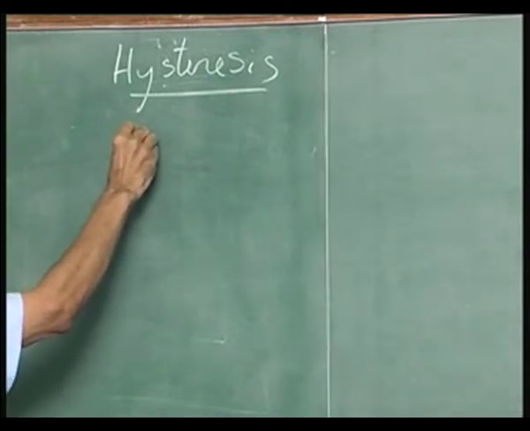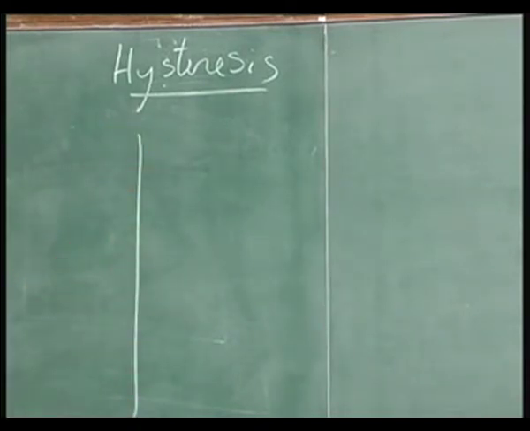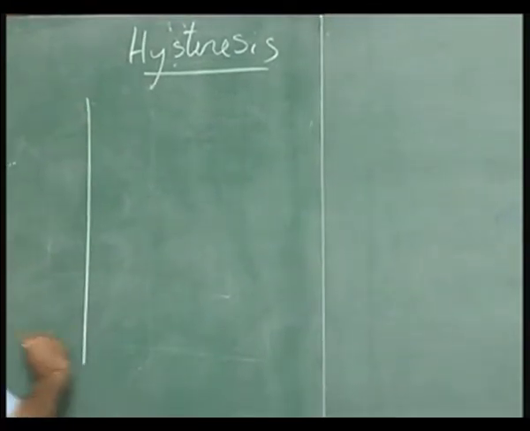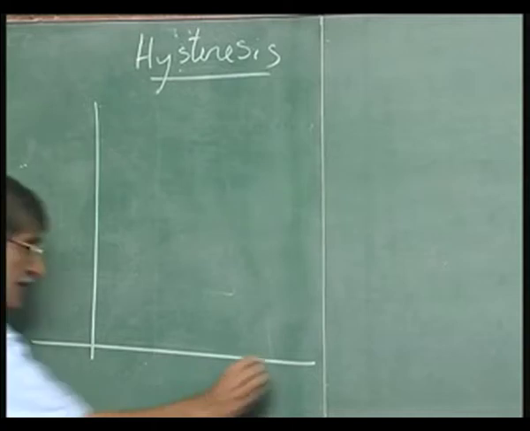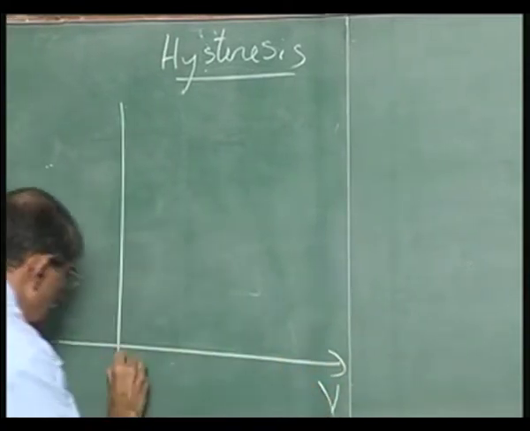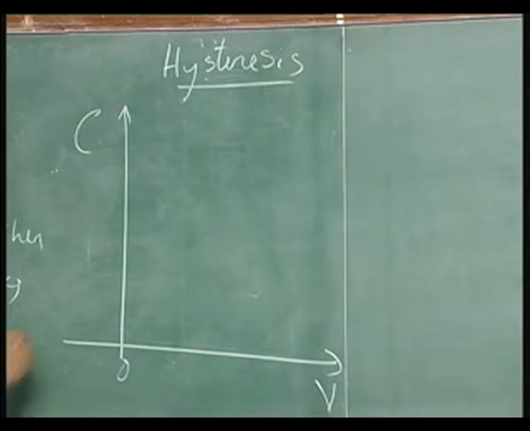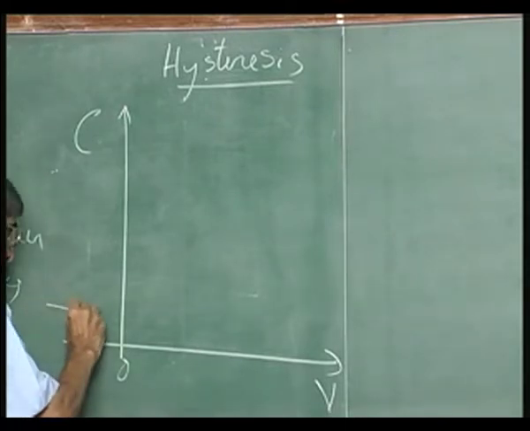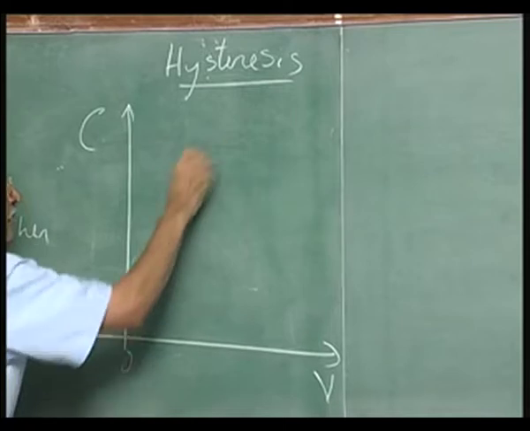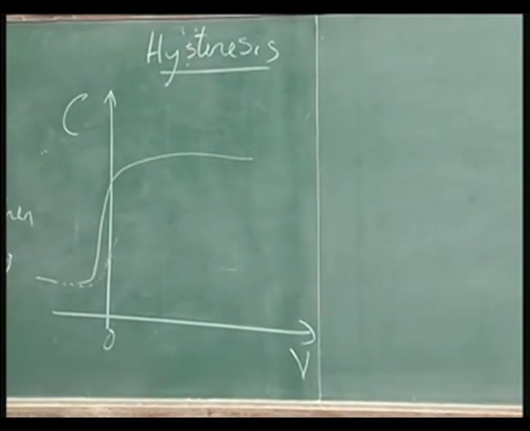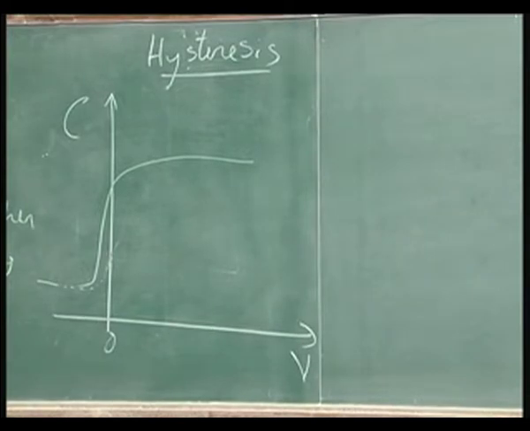I will show one frequency, capacitance versus voltage. You expect the curve to be like this. If you take the low frequency one, you expect it to be flat like that.